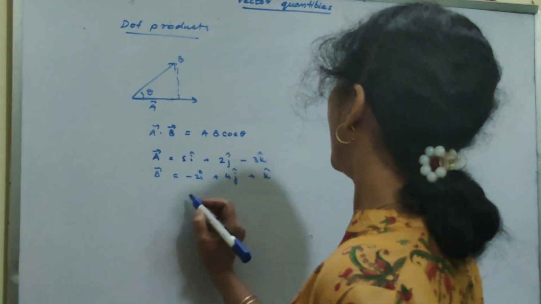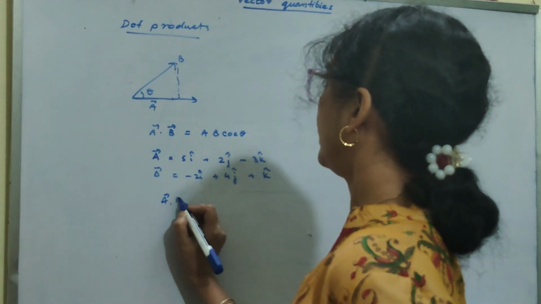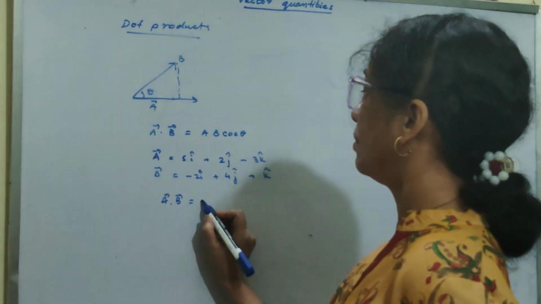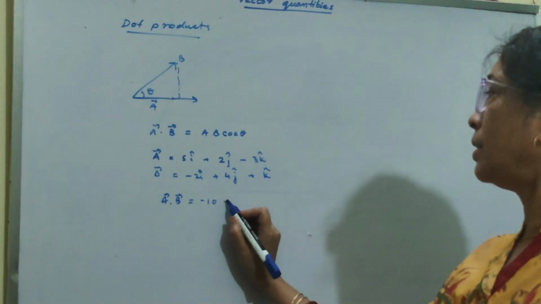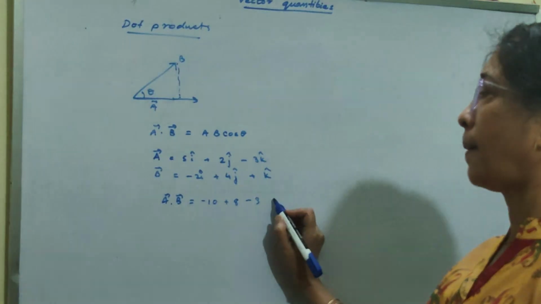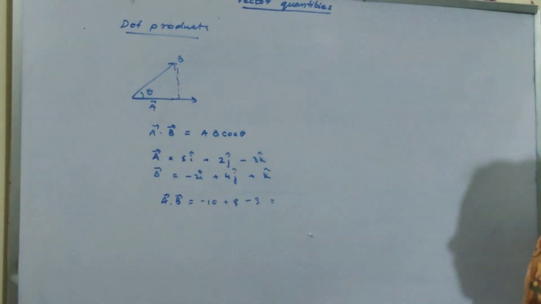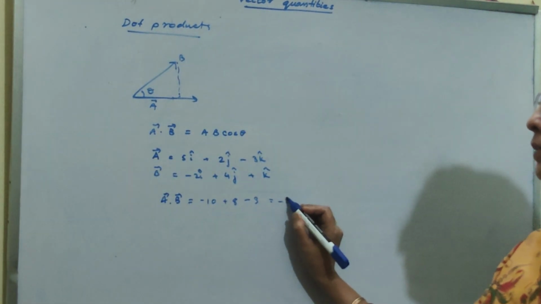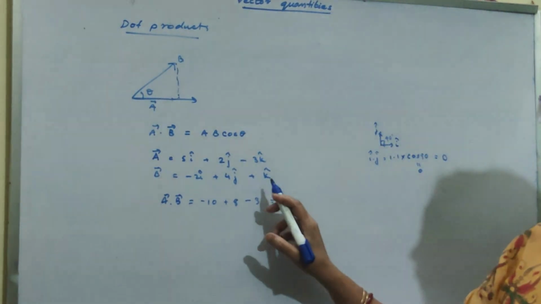So A dot B should be equal to minus 10 plus 4 into 2, 8 minus 3. This is minus 5.